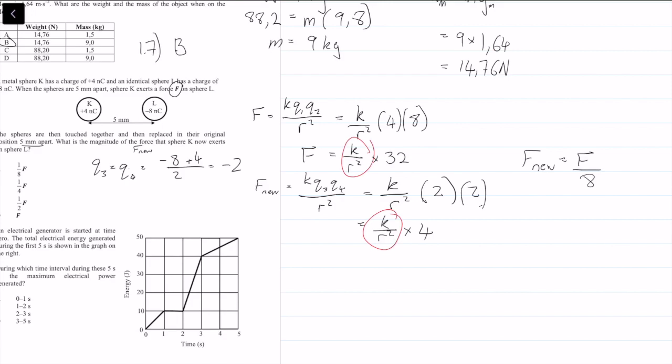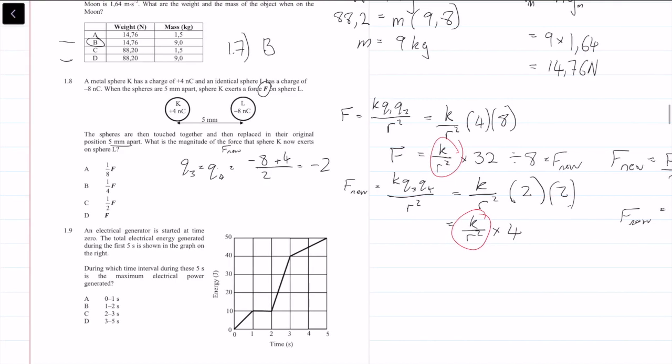So F new is 1 over 8 F, and that would be option A. So question 1.8 is A.